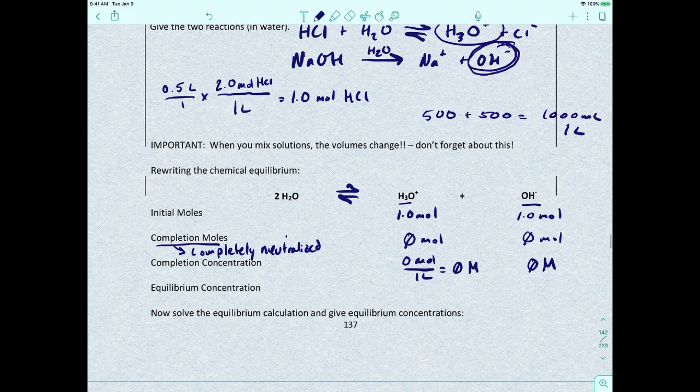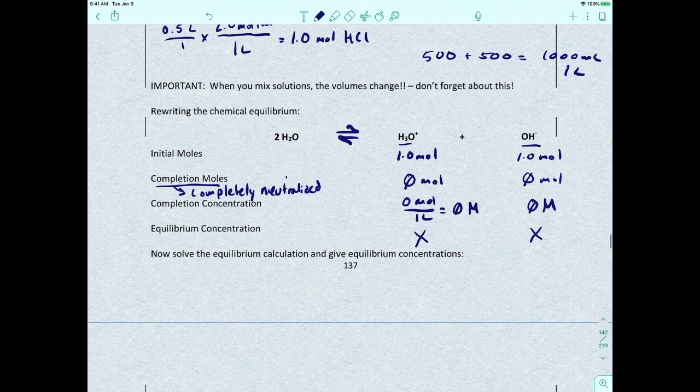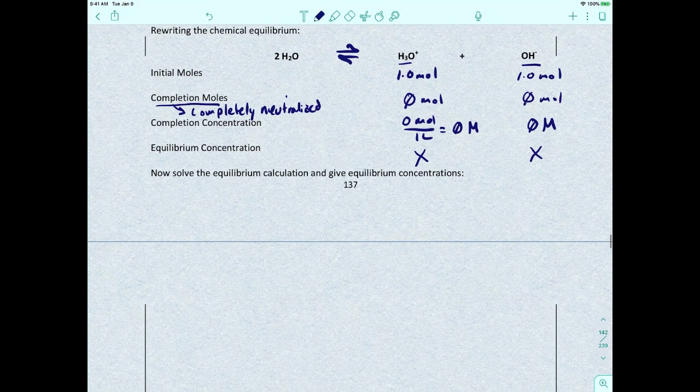So now that's if we go all the way to completion. So now we need to figure out that equilibrium concentration. So this is going to be X, and that's going to be X. All right. So again, we don't touch the water because it's in a different phase, and the concentration does not change. All right. So now we solve the equilibrium calculation and give the equilibrium concentrations.